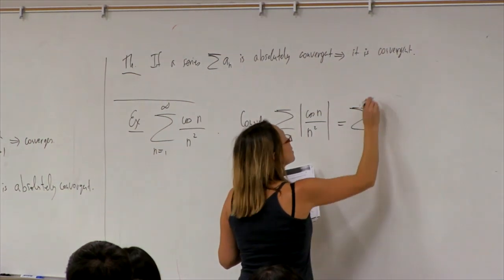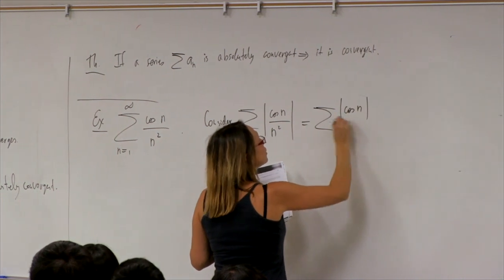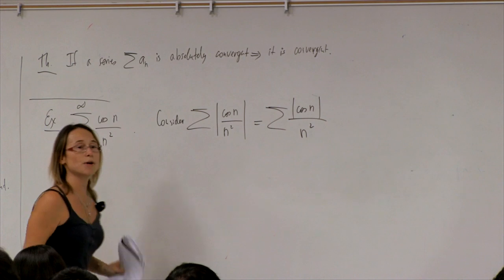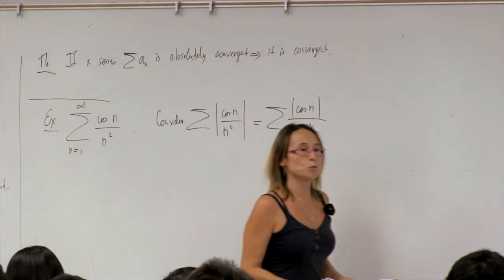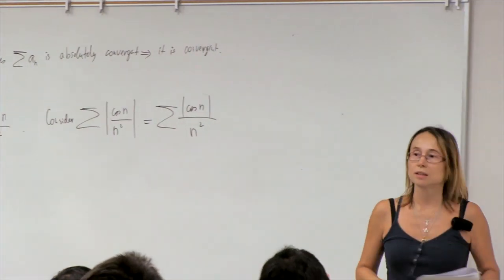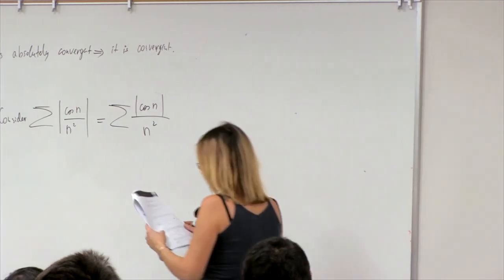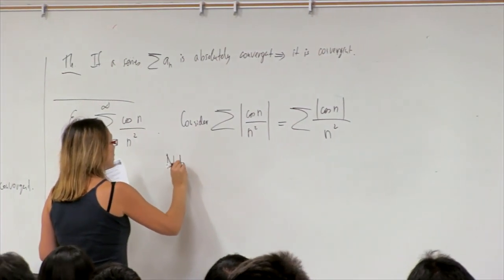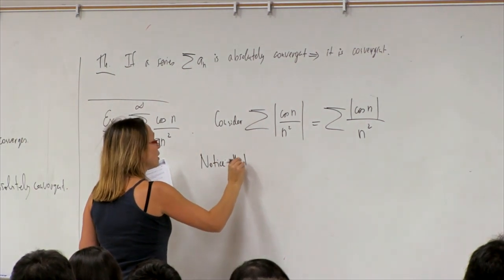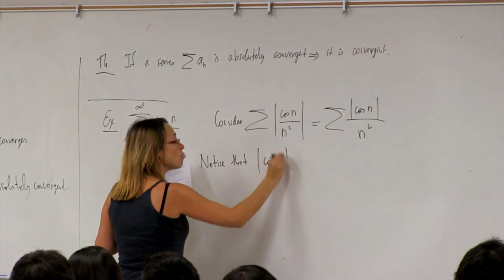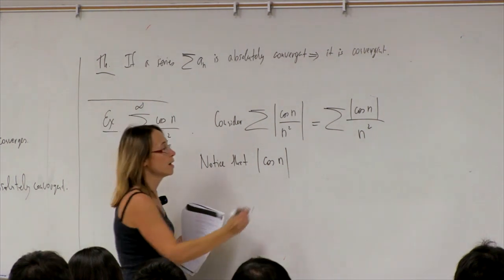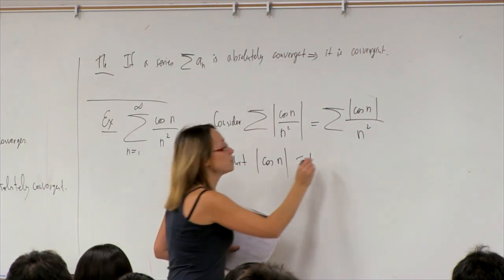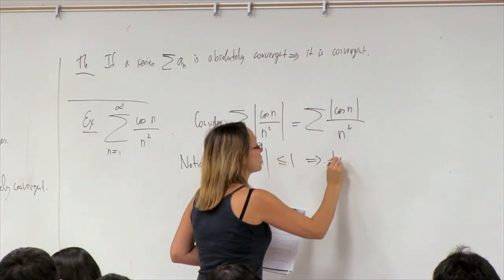Which is the same as |cos n| over n squared. Okay, so this is a positive sequence, and to prove its convergence, we can apply tests that are good for positive sequences. We notice that the absolute value of a cosine of anything at all is less than or equal to 1. And that gives me a convenient inequality.